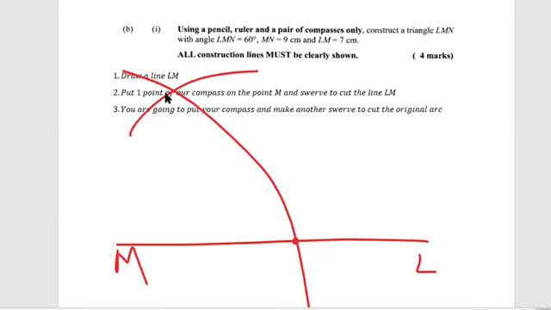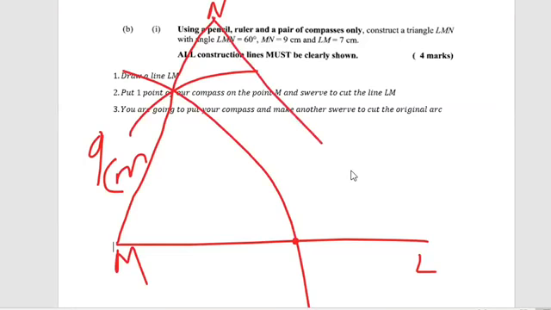Right here where it intersects, we will then connect M with it to go through, measuring 9 centimeters. So wherever 9 centimeters stop, that is how long your line will be. As it says, M to N should be 9 centimeters. So if 9 centimeters stop here, this is where N is located, and then we can close our triangle to get NL.